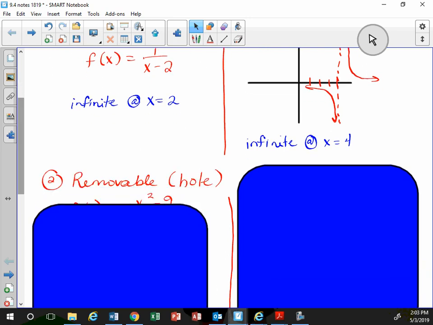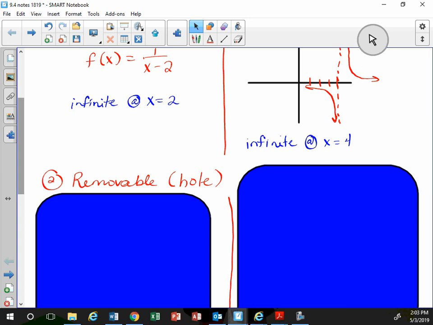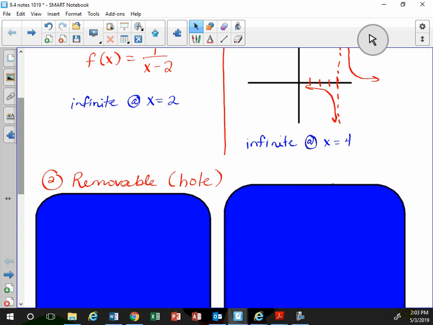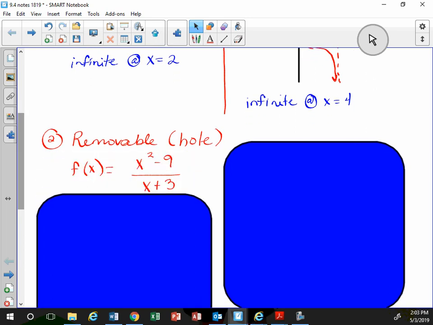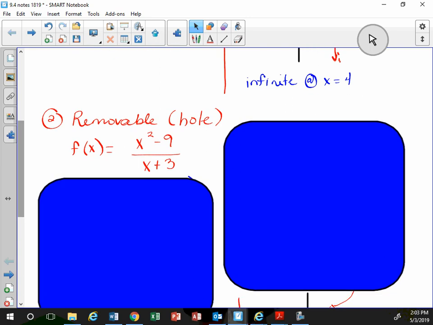The next type is called removable or a hole, which hopefully makes sense. If you remove it, then you've created a hole in your graph. All right, guys, so try this one.